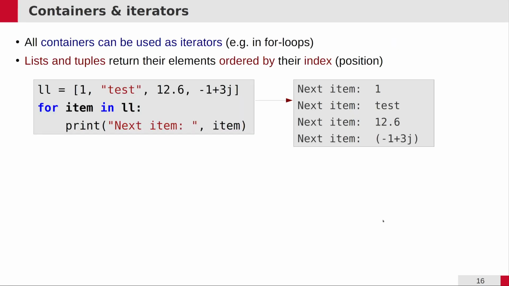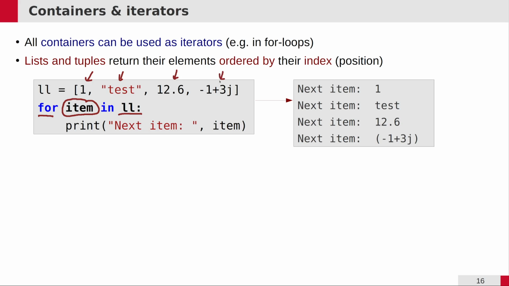Otherwise, what I would like to show you here is the containers, how we can iterate over containers, and this is also very similar to what we have seen for characters and strings already. So basically, if you have a for loop and you are iterating over a container, then you can use a loop variable, and at every iteration the loop variable will get each element of the list individually, one by one.